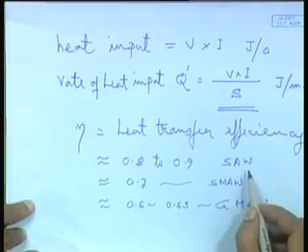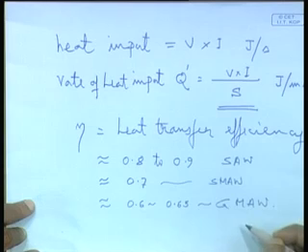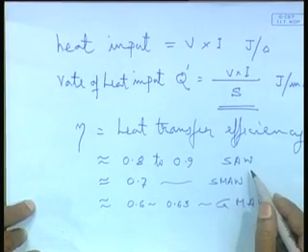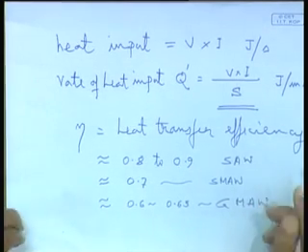You see, it was maximum in submerged arc welding and minimum in gas metal arc welding. That is very well expected, because submerged arc welding, if you recall, is covered with a layer of flux. The entire arc column is covered by a flux. So, heat loss due to radiation and natural convection is minimal, whereas in gas metal arc welding, a strong jet of gas is there to provide the shielding.